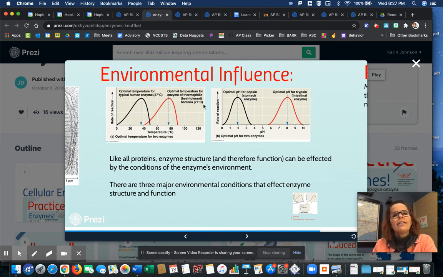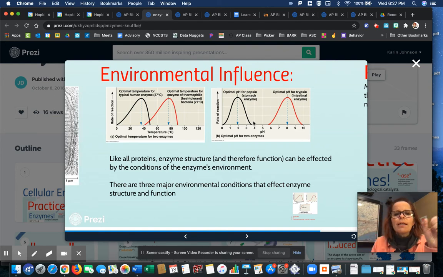All right, and then pH is something that has an impact. So remember, pH is the hydrogen ion concentration. And so a protein has hydrogen bonds in it. And so if you change the pH from what it's supposed to be, you're going to change the conformation of any enzymes that are there.